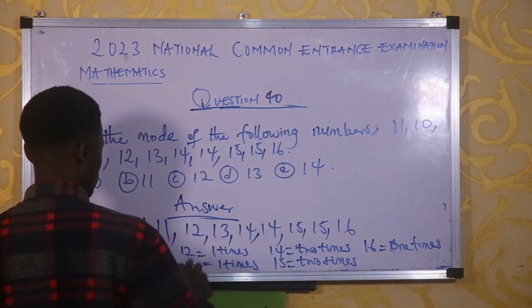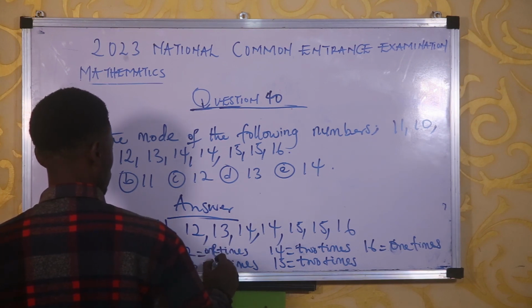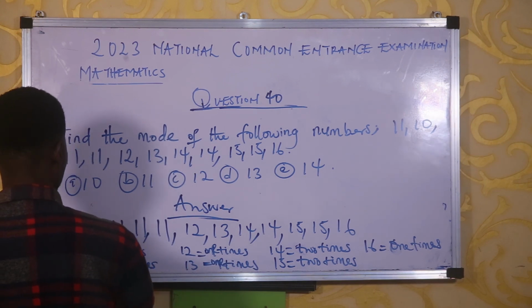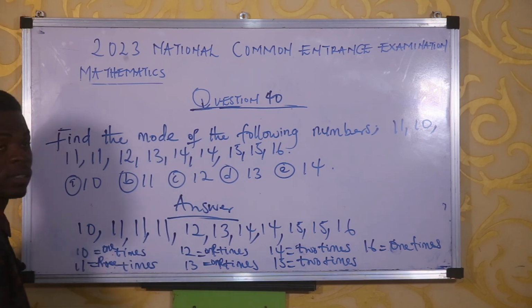Don't forget that. 13 comes out 1 time. So let me write it in numbers. That's 1 time, this one is 3 times, and this one is 1 time.